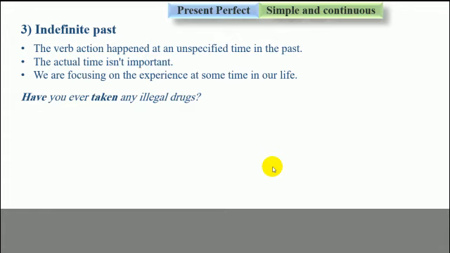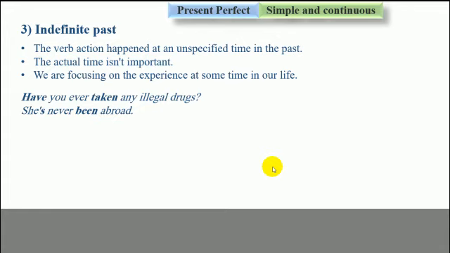For example, have you ever taken any illegal drugs? I'm not concerned about when this was, but I'm concerned about taking the illegal drug. I'm focusing on illegal drugs. I don't pay attention to the time when it was.